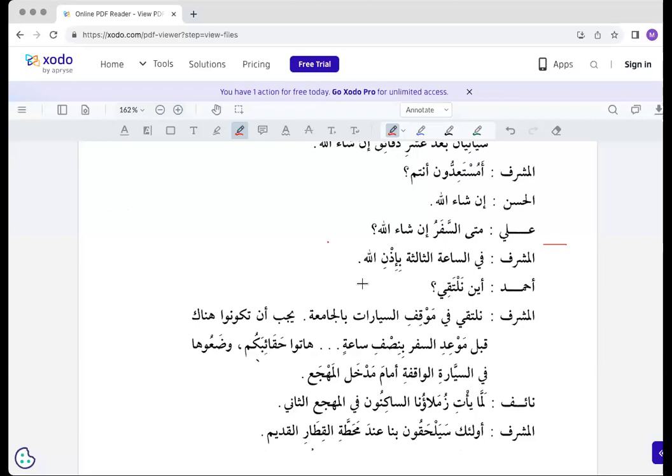Once again, put it fi sayyarati, that is in the car. Al waqifati. Okay, the car, that is a parked car. Amama, in front of, madkhali mahja'i. Mahja'i means what?